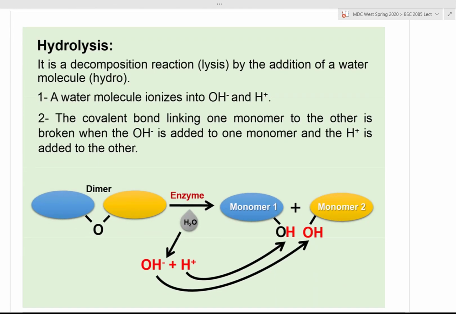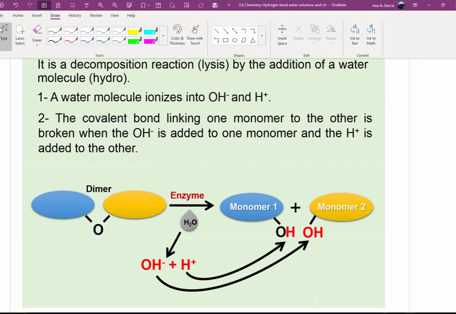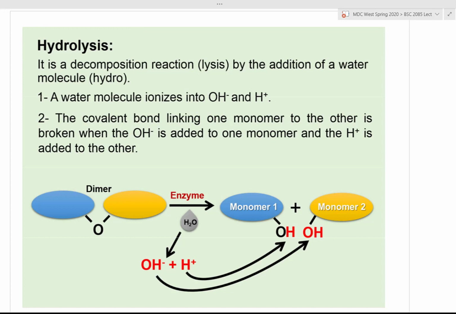So hydrolysis is just breaking down the molecule of what? So decomposition reactions, lysis, in this case we're doing here, we're getting a dimer, and here we have an enzyme, we have the water, and then we break the molecule of water, which is H2O, and then the water is going to be separated into what?